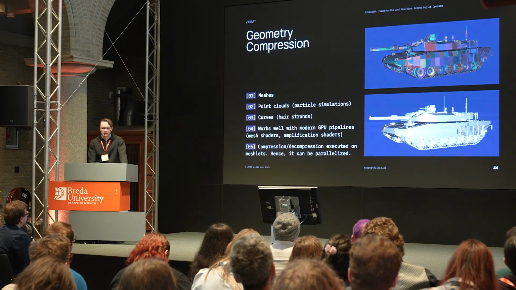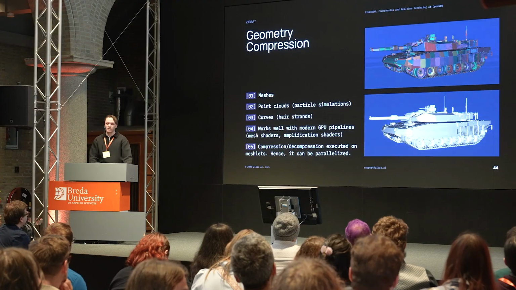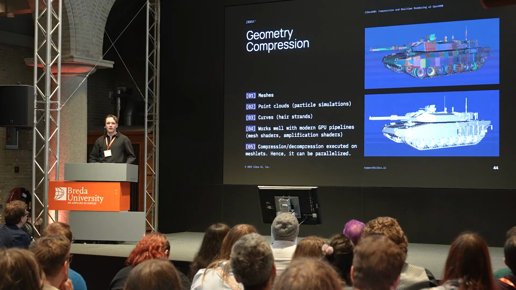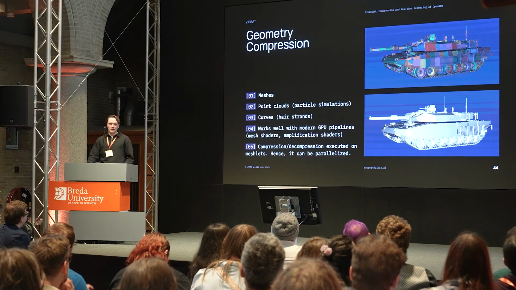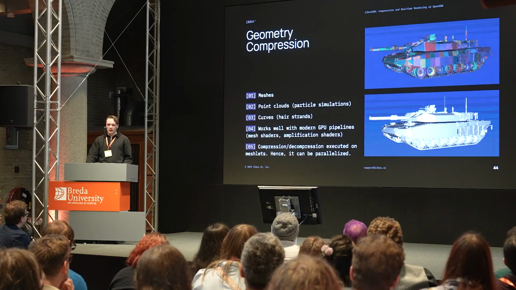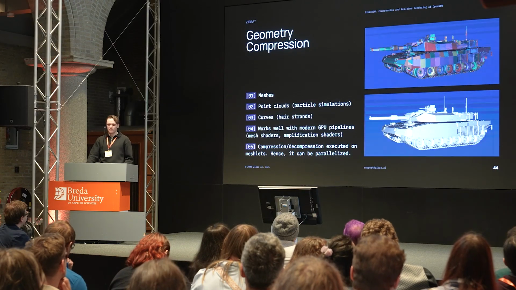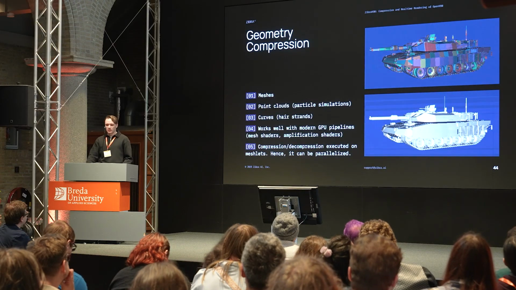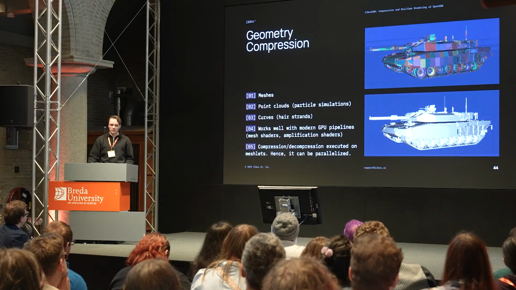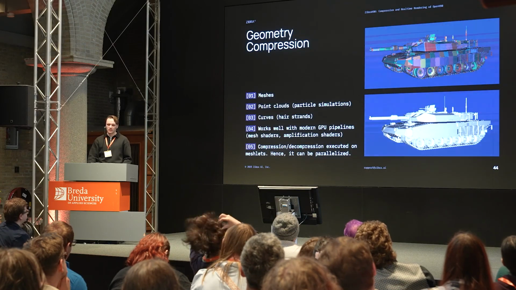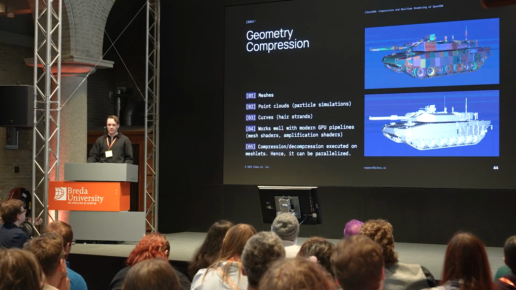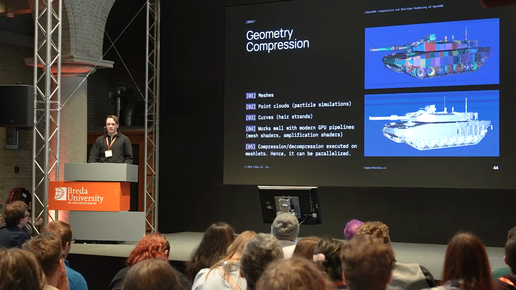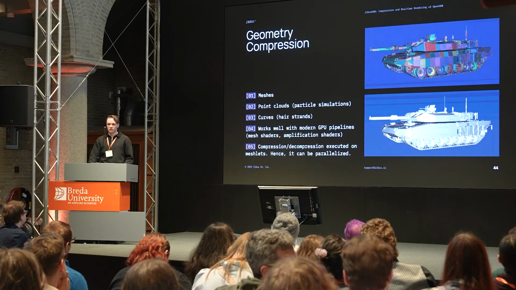Next thing we are working on is geometry compression, which is very similar to how ZibraVDB works, but it works with geometry. Right now we have an implementation for compressing meshes. We will also be compressing point clouds for liquid simulations and curves for hair strands, for example. And this is something that works well with modern GPU pipelines.